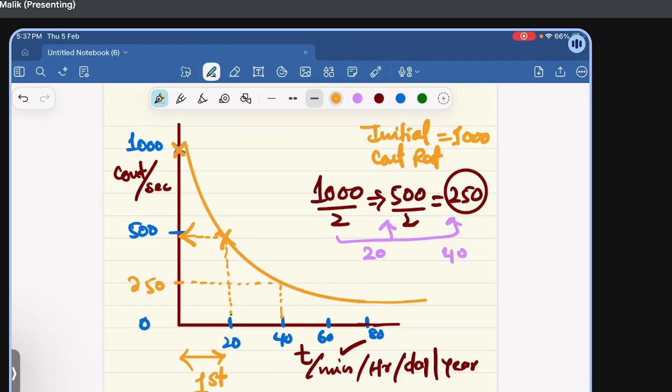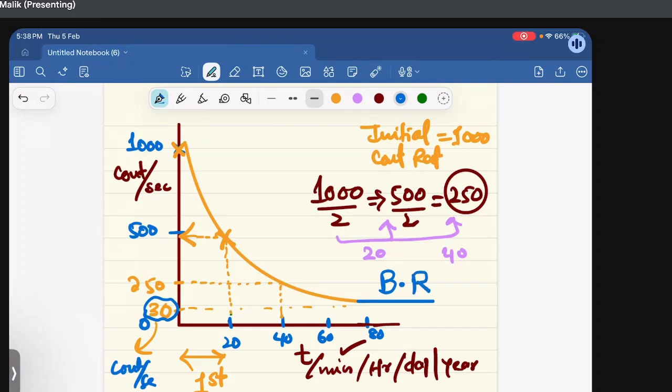Now you will keep on doing this. After some time, the line gets straight. Let's suppose you have only 30 counts per second. Why is the line flat at 30 counts per second? You can see the blue line is flat. They are known as background radiation.